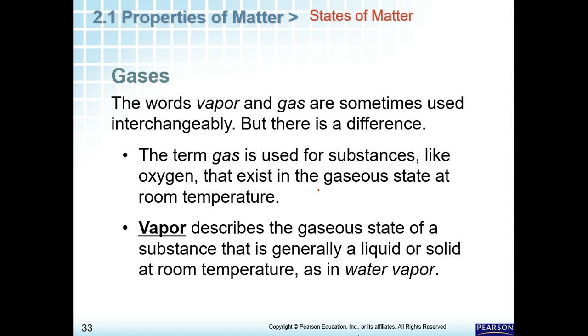The last thing we're going to hit on is more of a terminology. Oftentimes, gas and vapor are used interchangeably. People think they're the same thing, but there is a difference in chemistry. So we're going to just focus on that difference real quick. Gas is used for things like oxygen, which is a gas at room temperature.